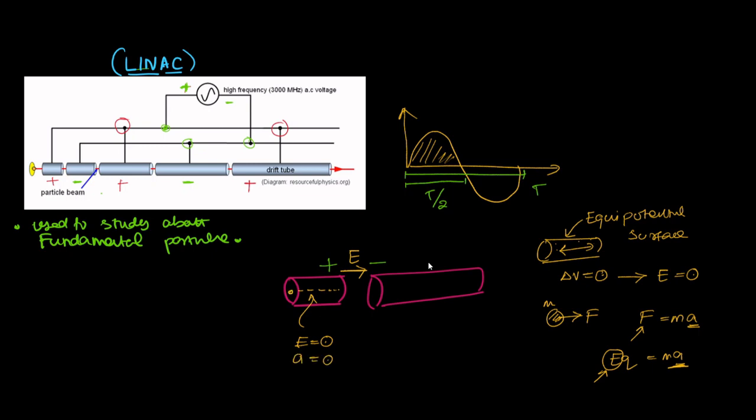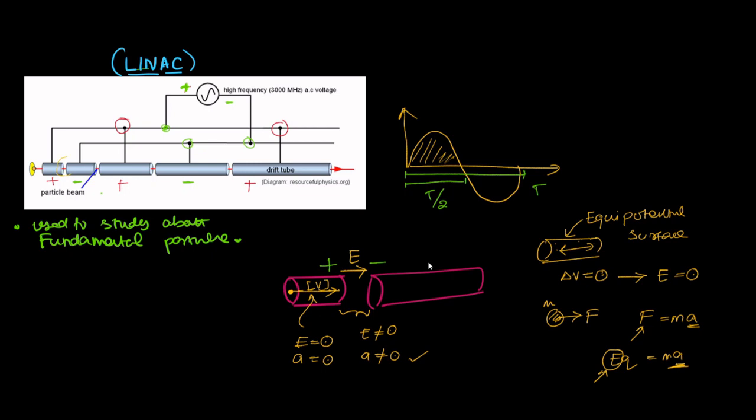Within a tube, this proton or charge is going to move with a uniform velocity. Between two tubes, we have a potential difference. Therefore, the electric field is not zero and the acceleration is not zero. We are going to have an acceleration between two tubes.